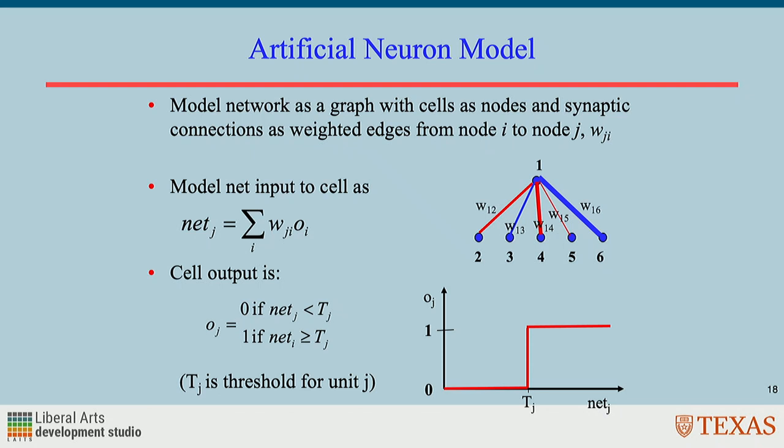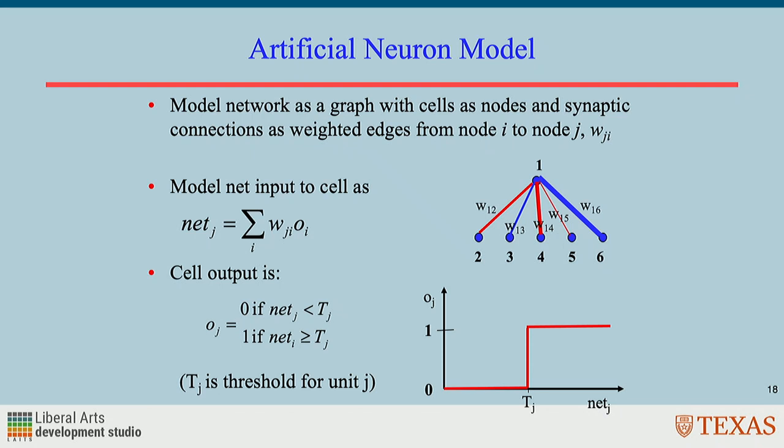And then we mathematically model, this is like my one real equation, I had the Bayes theorem, this is my second real equation in here, that the net input to a cell is the weighted sum. So we sum up across each of the neurons connecting to it, the weight of its connection times whether it's firing or not. The O is just 0 or 1, whether that neuron is firing or not.